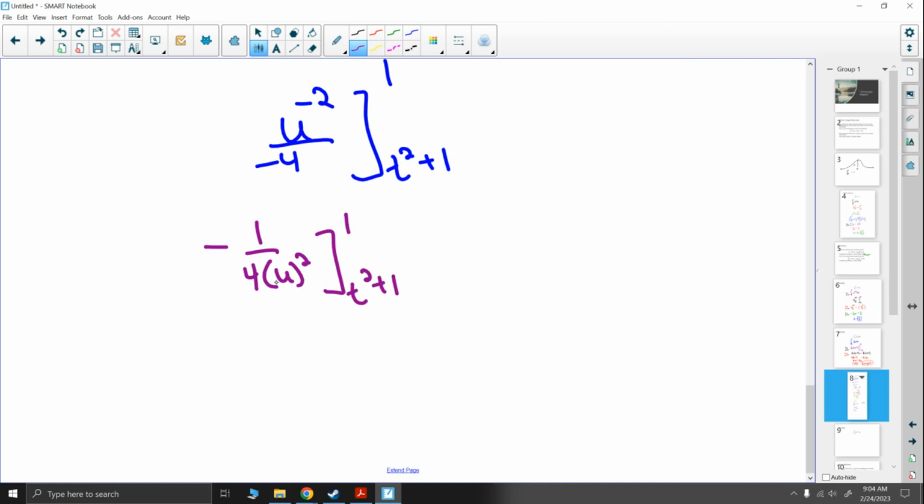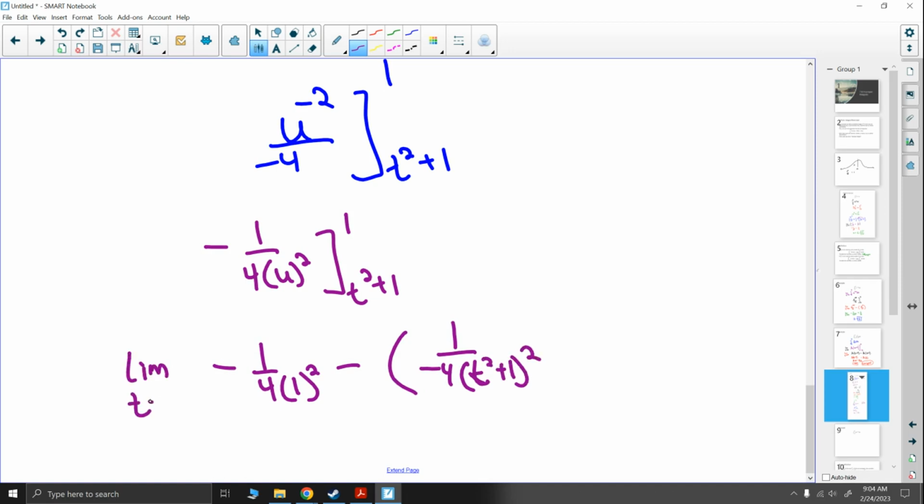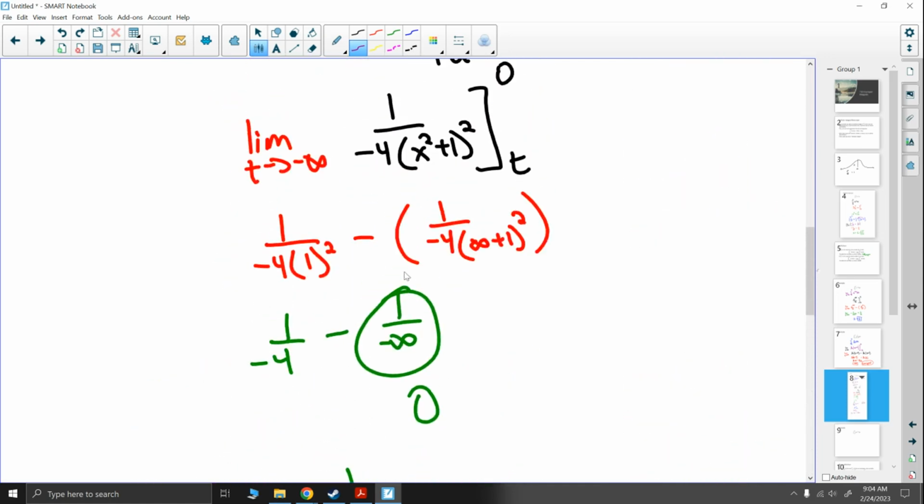So 1 plugged into here is negative 1 over 4 times 1 squared, minus 1 over negative 4 times t squared plus 1 squared. And we're taking the limit as t approaches negative infinity. Okay, negative infinity squared is infinity plus 1. Notice we're back to where we had this exact same thing here.